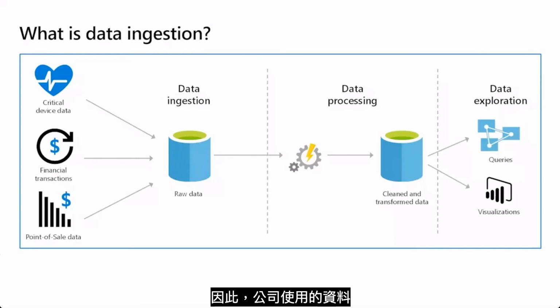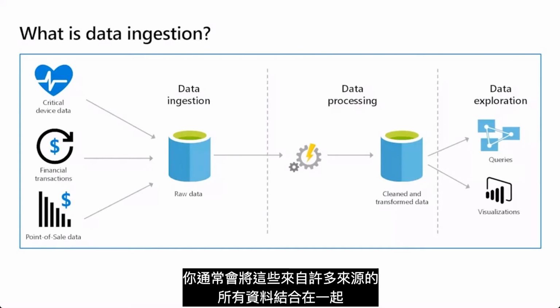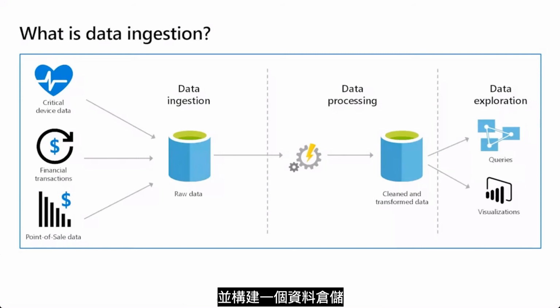The data that a company might use can come from many sources. In a data analytics solution, you would typically combine all this data from your many sources and construct a data warehouse where you can then ask questions about your business operations.